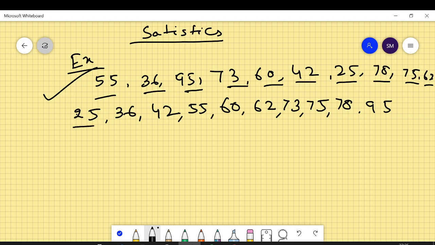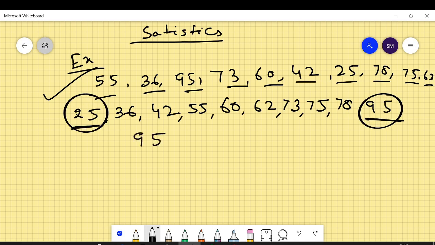This is the lowest mark and this is the highest mark. The difference between the lowest and the highest data is called the range.